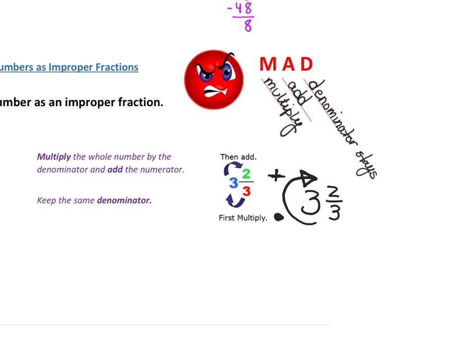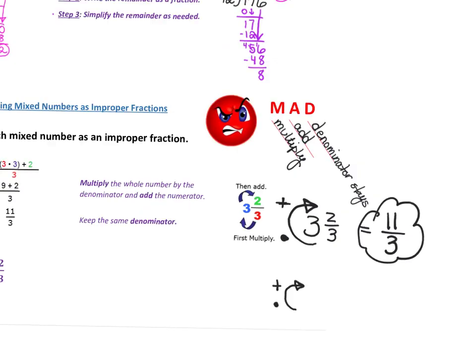So we multiply 3 times 3 and get 9, and then we add the 2 to our 9 and we get 11, and the denominator stays the same. So we end with 11/3 as an improper fraction that's equivalent to 3 2/3.